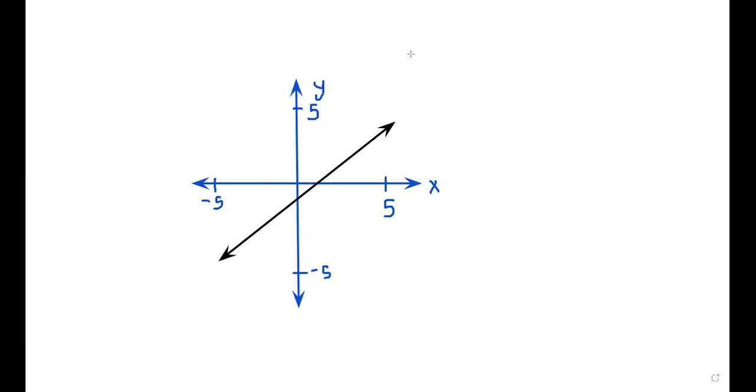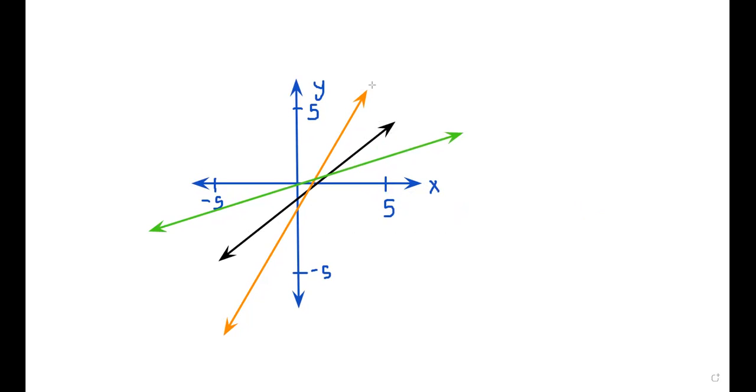Now, this line I drew here has a pretty good slope. Let's draw another line here. Now, this orange line, that's real steep. You can see how steep that line is. And if I draw a green line here, that green line doesn't have too much of a slope.